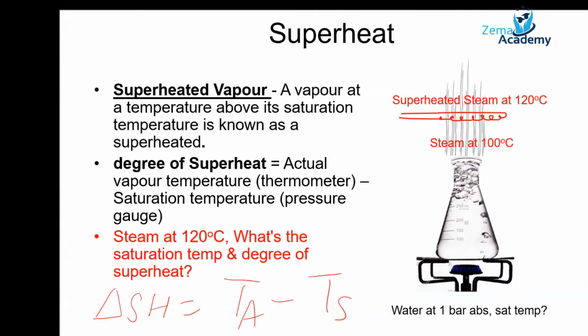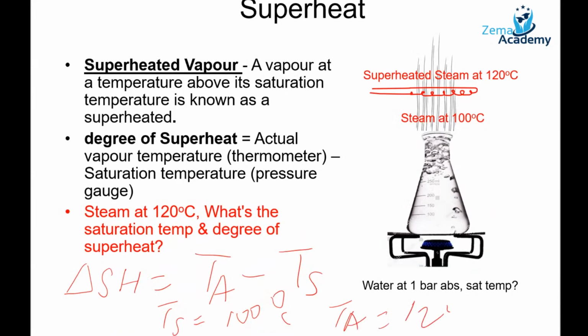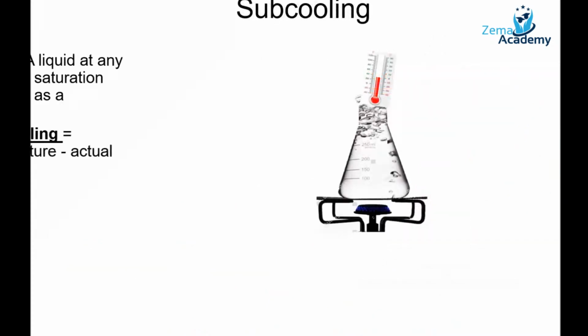Of course, the steam is at 100 degrees C and the superheated steam temperature is 120 degrees C. What is the saturation temperature and what is the degree of superheat? T actual is 120 degrees C, and therefore degree of superheat is 120 minus 100, which is 20 degrees C. So superheat, again, we will use it when we define our PH chart, where our superheat region lies. And the next one, similar to the superheat, is the subcooling.